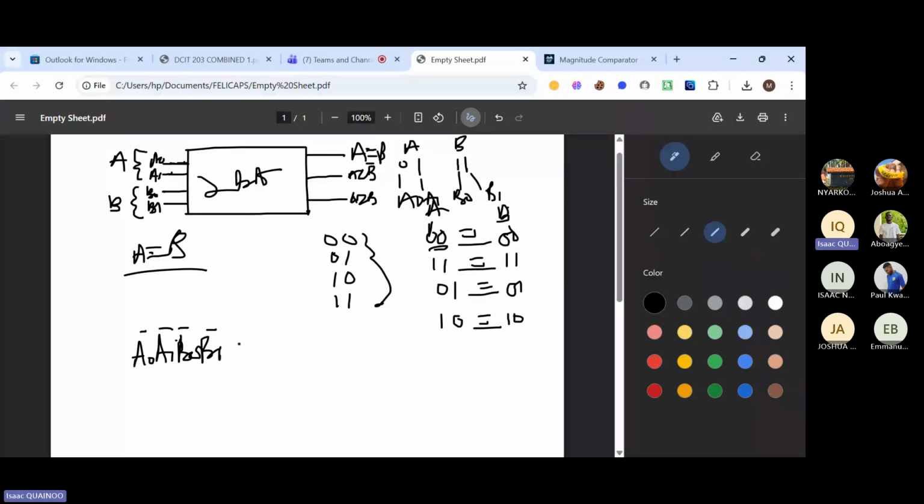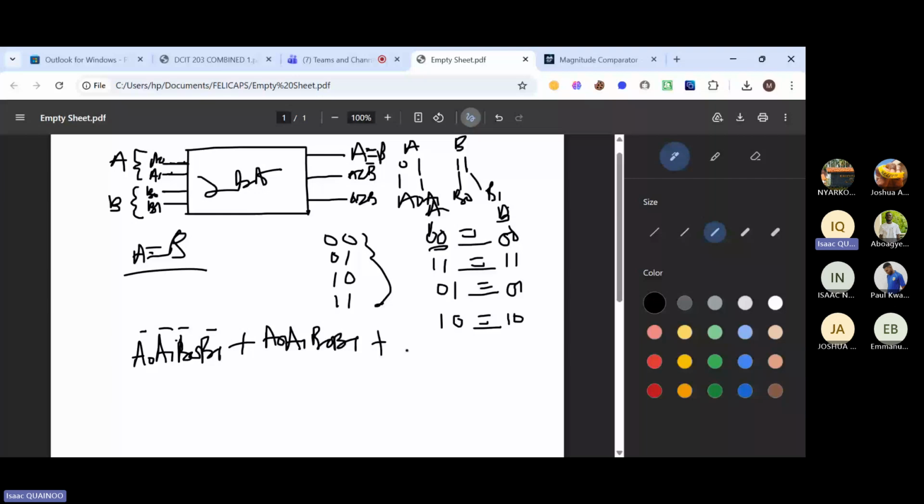Then plus, we go to the second, which is 11 and 11. You know 11 is going to be A0 A1, then 11 for B is going to be B0 B1. Then we go to the next one.